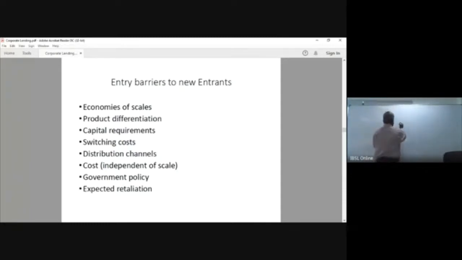Cost of production equals the variable cost plus the fixed cost.